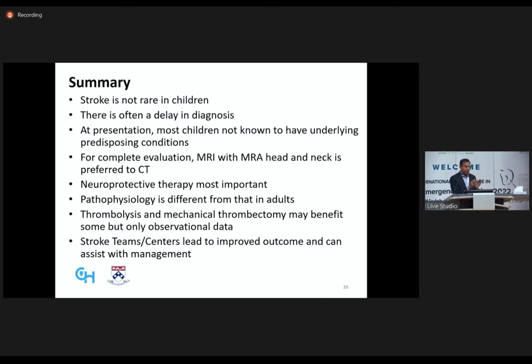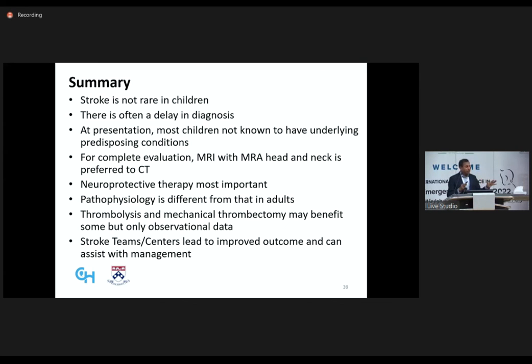A normal CT within the first 4 hours of onset of symptoms does not rule out an ischemic stroke. It rules out a hemorrhagic stroke, but not an ischemic stroke. If you do it after 4 to 5 hours, then a normal CT would exclude it. If you want to be definitive in the earlier period, you have to do an MR.